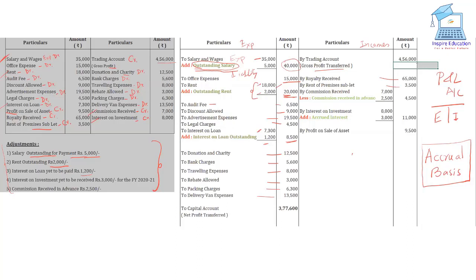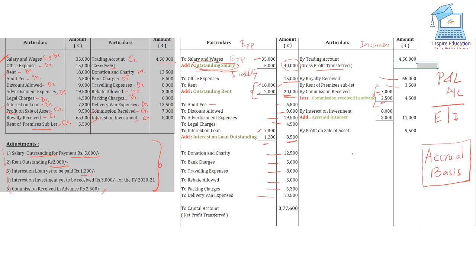We have already classified these things. Commission received 7,000, and there is an adjustment. Commission received in advance 2,500. So see, here we have deducted. Why? We have received commission rupees 7,000, but out of this amount, 2,500 is received in advance.